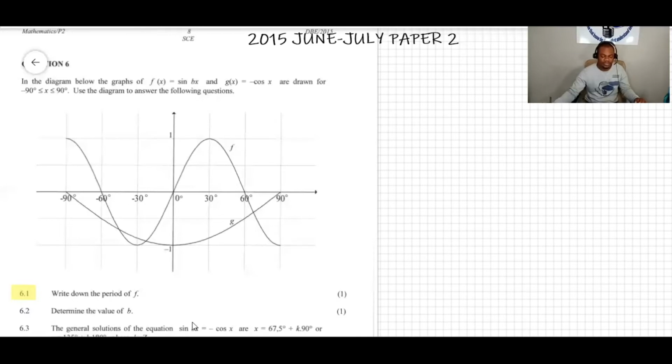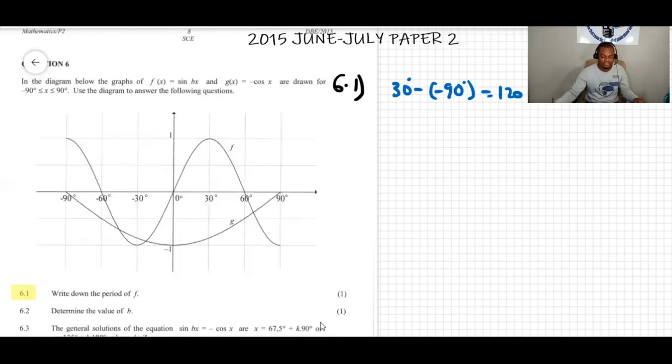Now, the period will be the length of a complete cycle. If I consider this from negative 90 degrees to 30 degrees, to find the length I'm doing 30 minus negative 90 degrees, which makes 120.